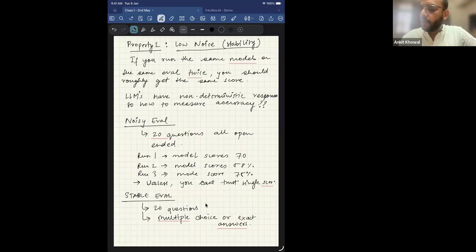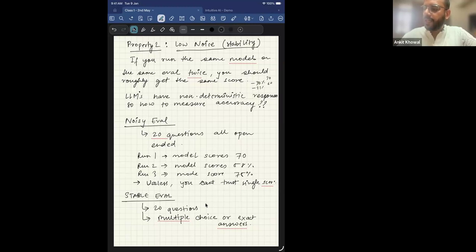If you run the same model on the same eval twice, you should roughly get the same score. So the questions in your data set should be such that if you pass the data set to the model twice, without training it further after a few cycles of training, the accuracy is right now 30%, and the second time it should be 31%, not 30% and 60%.